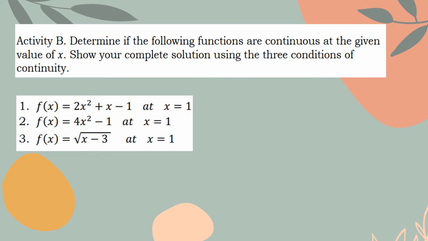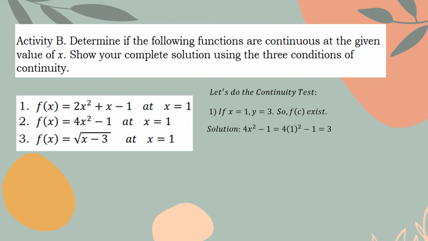So we have function number 2. Using the f of c test, number 1, if x equals 1, then y equals 3. Solution: just substitute, 4 times 1 squared minus 1, that's 4 minus 1 is 3. So it exists. Next, we still have a polynomial function. The highest power is 2, so you can also say that it is a quadratic function.